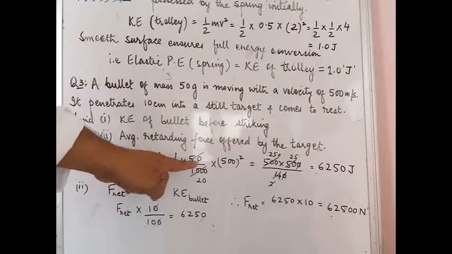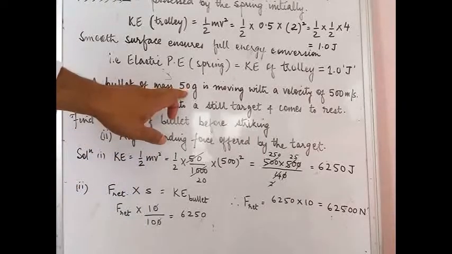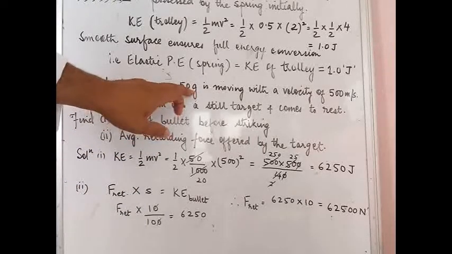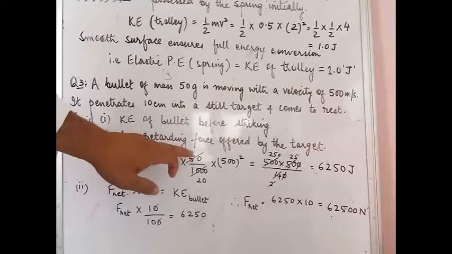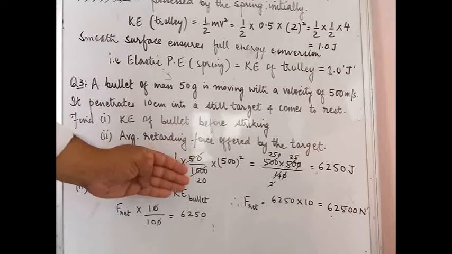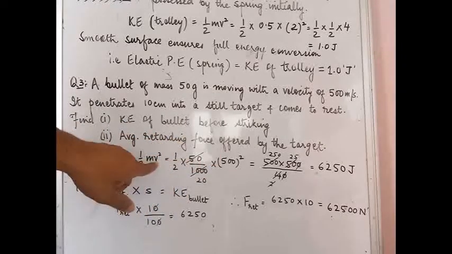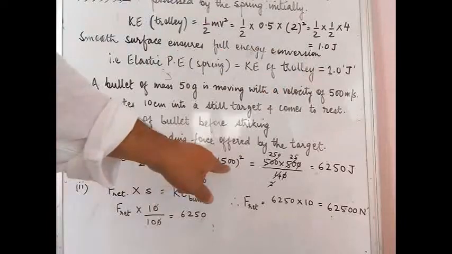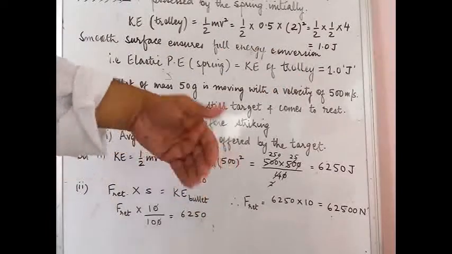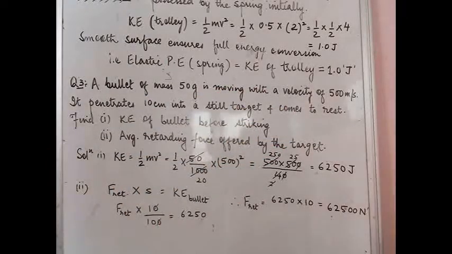Here you have to be a little careful because the mass of the bullet is given in grams, which is not the SI unit, so we will have to convert 50 grams into kgs. For gram conversion into kgs, we divide by 1000, into v square, and the v value is already in meter per second, so we write 500 square. After calculation you will get a kinetic energy of 6250 joules.